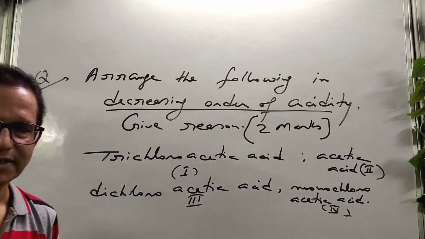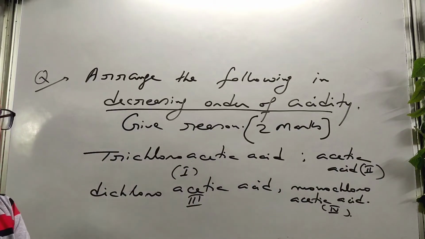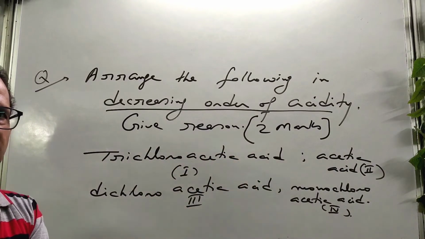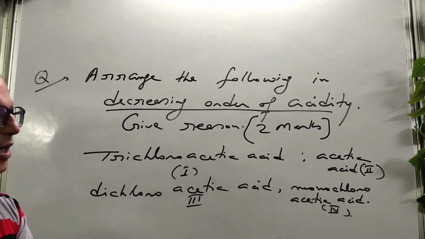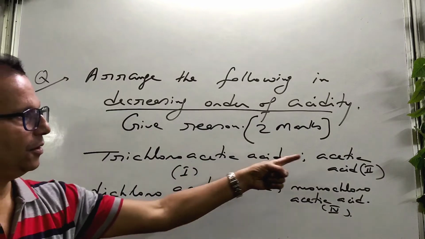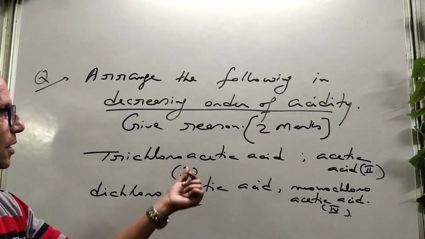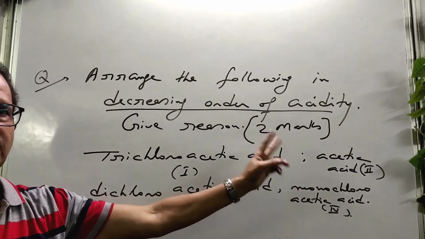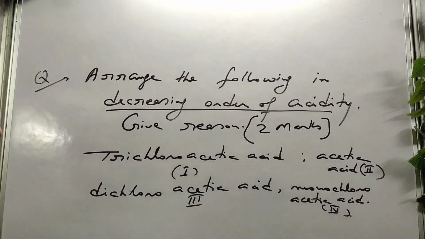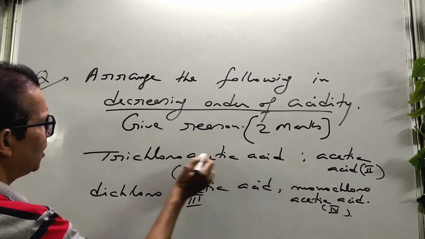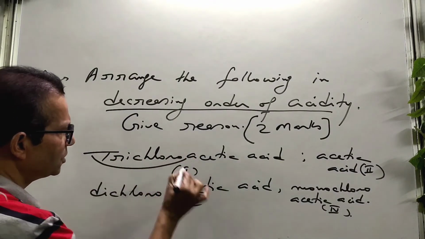Sometimes in exam questions they will give the structure directly. Sometimes they give the name, so that you should know the formula of the compound. Now, if we do not know, no matter. Listen, this compound contains 3 chlorine atoms.